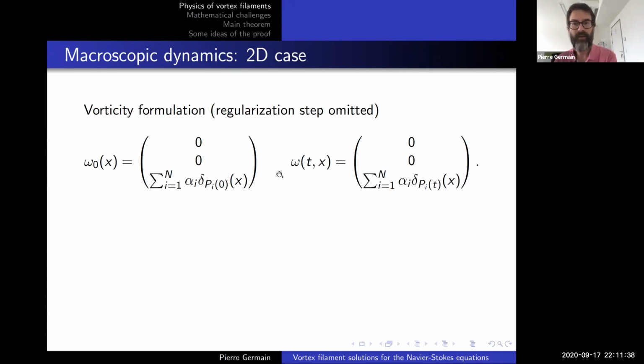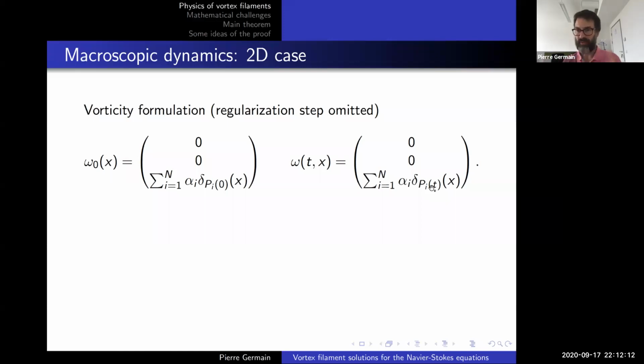Now, as time evolves, the positions of the vortices will evolve. So they were initially at position p_i(0), and at time t, they will be at position p_i(t). And since this is the macroscopic dynamics, I got rid of the microscopic dynamics, which is this spreading occurring through viscosity.